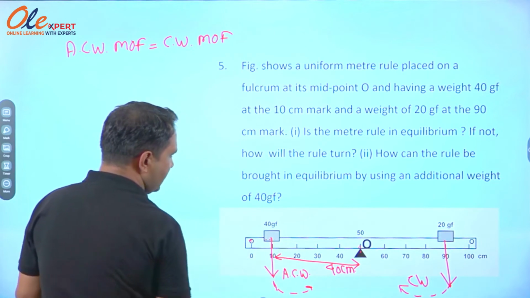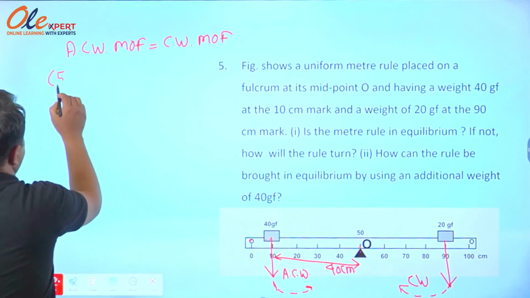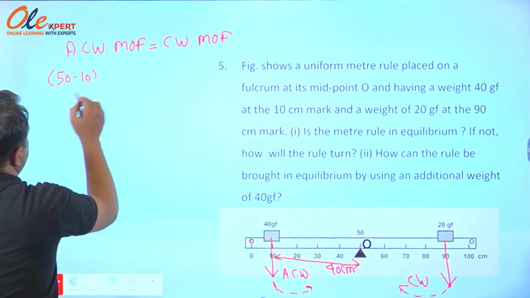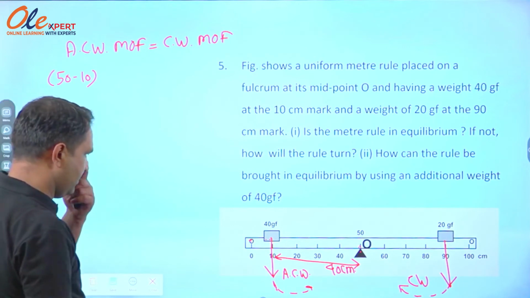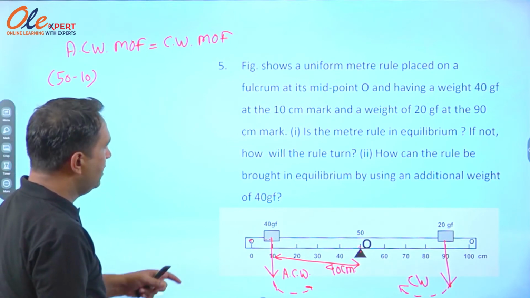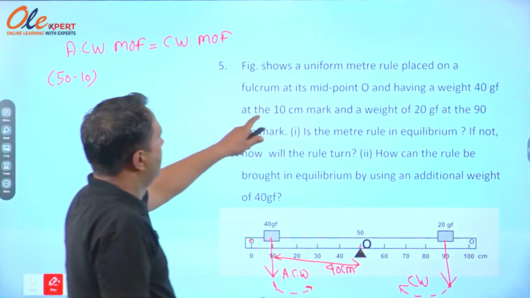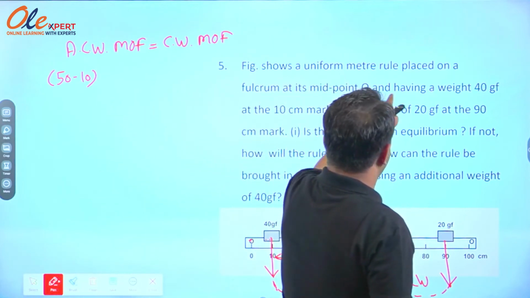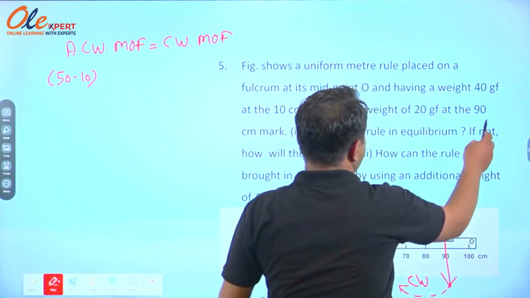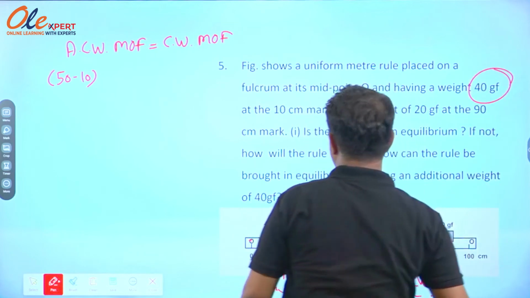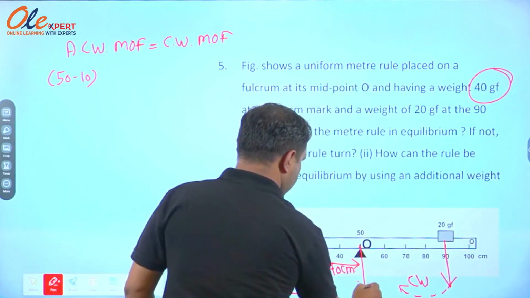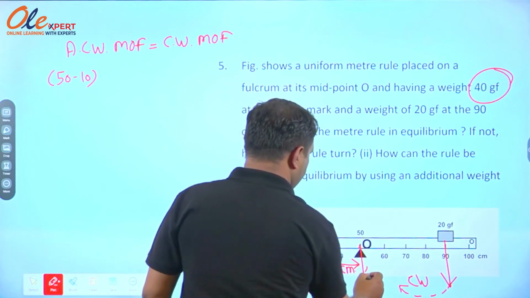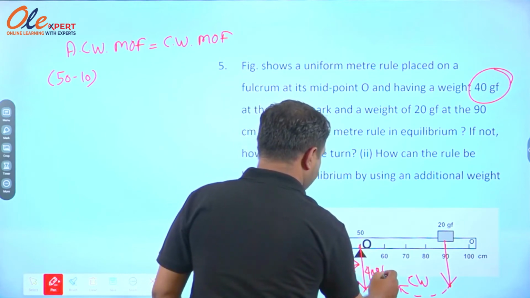So 50 minus 10 means 40 centimeter. And the figure shows uniform fulcrum at its midpoint A having the weight of 40 gf. 40 gf is the weight of this meter rule, right?